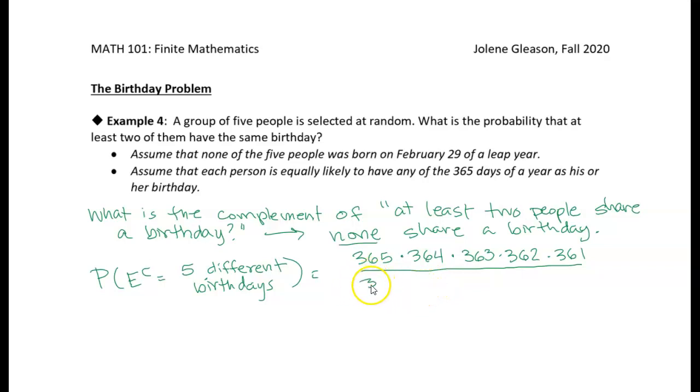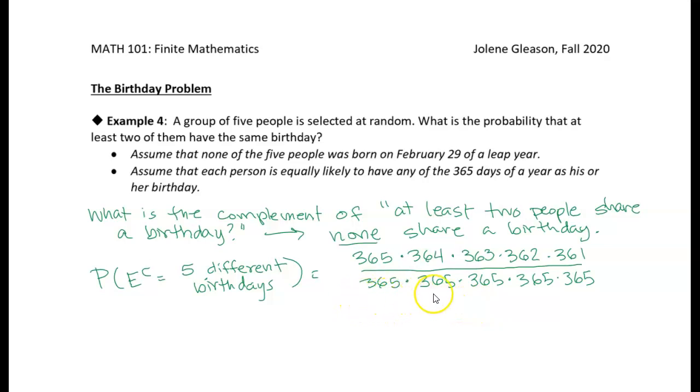So the first person can have any one of 365 birthdays. And the second person could also have any of 365 birthdays. And the third person, the same thing. They have 365 possible birthdays, and so on. So all 5 people have 365 possible birthdays.